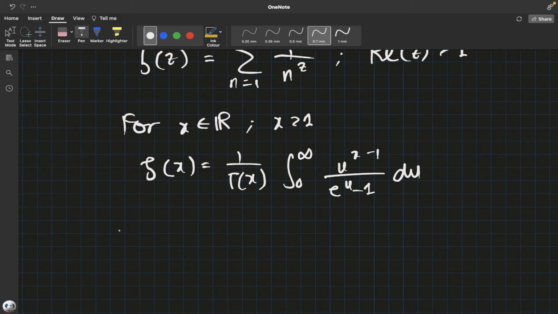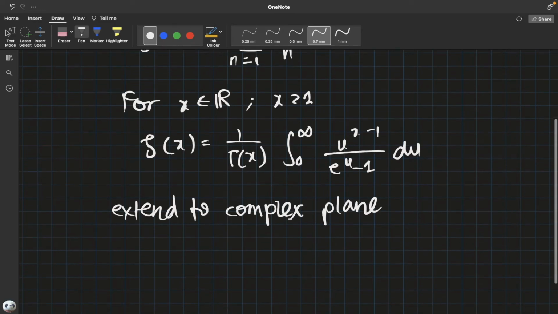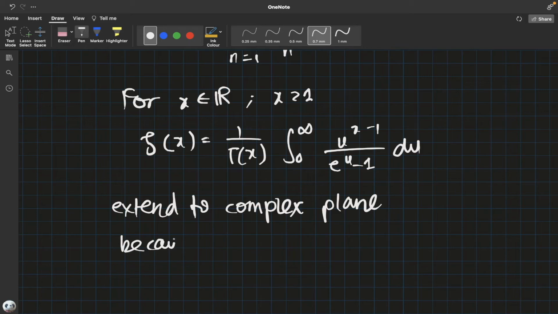Turns out you can also extend this to the complex plane, because of the integral representation of the gamma function, which we just showed is valid for complex z.